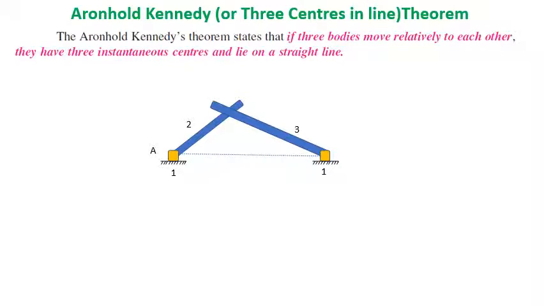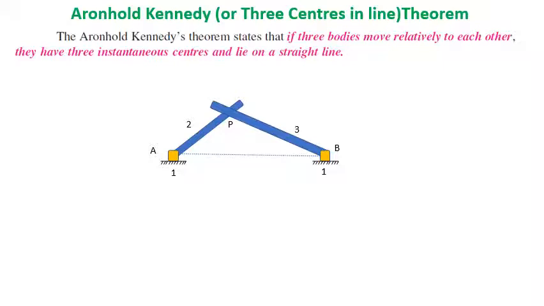Here 1 and 2 are connected at A, whereas 3 and 1 are connected at B. Point P is the intersection of links 2 and 3, a common point which belongs to both links 2 and 3.